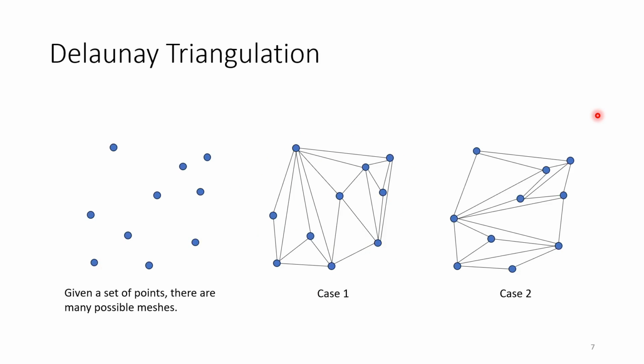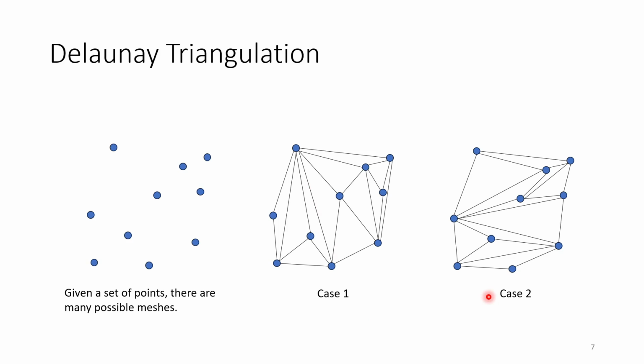The problem is, given a set of points, we know their locations and their values. Then we can create a mesh. There are several possibilities, and this is one. We create many triangles to connect those points. However, they are not unique. So for case 1 and case 2, there are two possible cases.